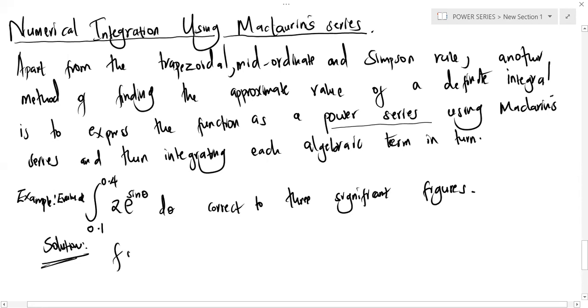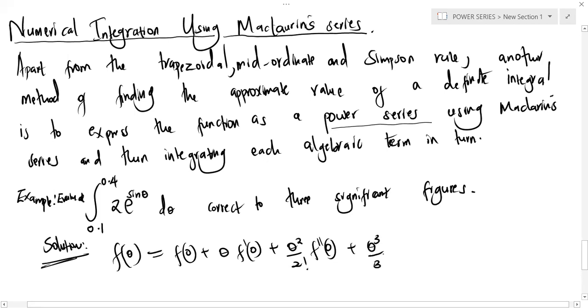Now, Maclaurin series is given by, so I'm going to write it in terms of f theta. f theta is equal to f0 plus theta f prime of 0 plus theta squared over 2 factorial f double prime of 0 plus theta cubed over 3 factorial f third prime of 0 plus theta raised to power 4 over 4 factorial f fourth prime of 0 and so on.